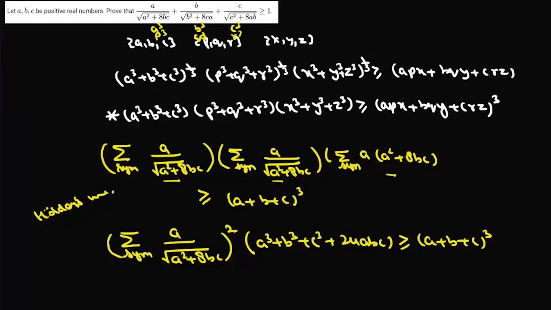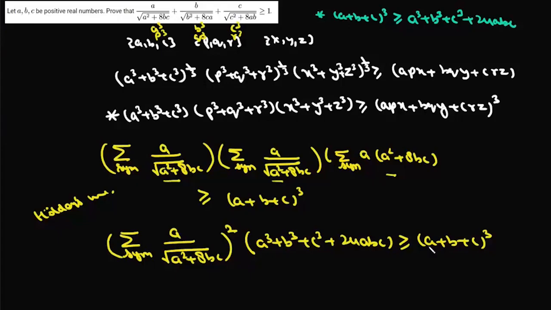Now we have this one standard result, and which is (A plus B plus C) whole cube. It is always greater than or equal to A cube plus B cube plus C cube plus 24ABC.